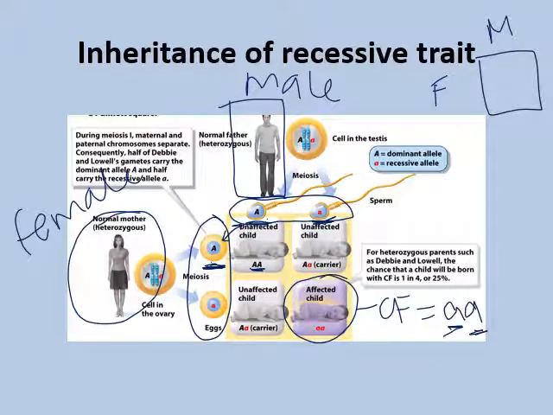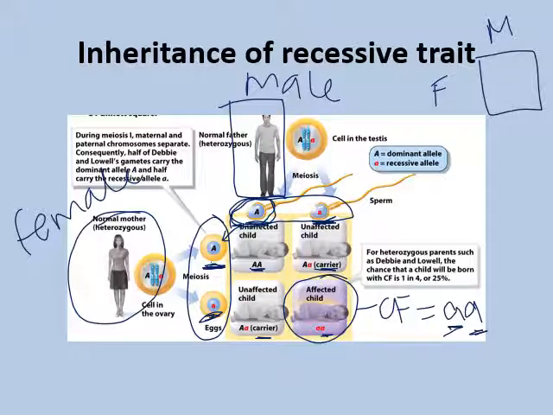Our possible genotype is a heterozygote, big A, little a, or a carrier. And then we go down here, little a to big A. Again, we have big A, little a. We have a carrier once again. And then we go little a over to little a. And now we have a homozygous recessive individual.